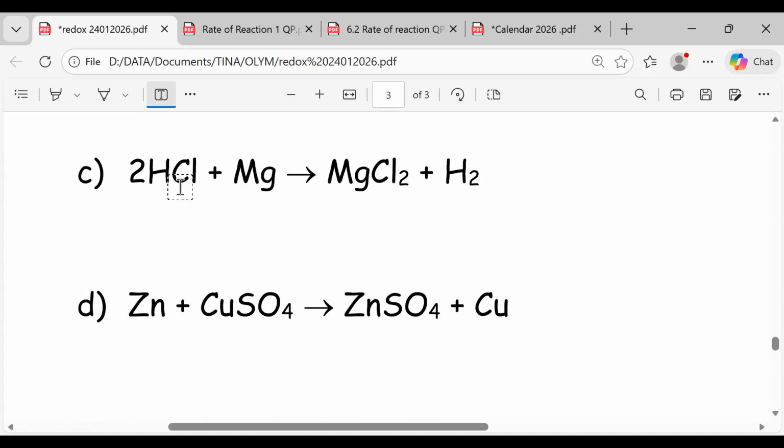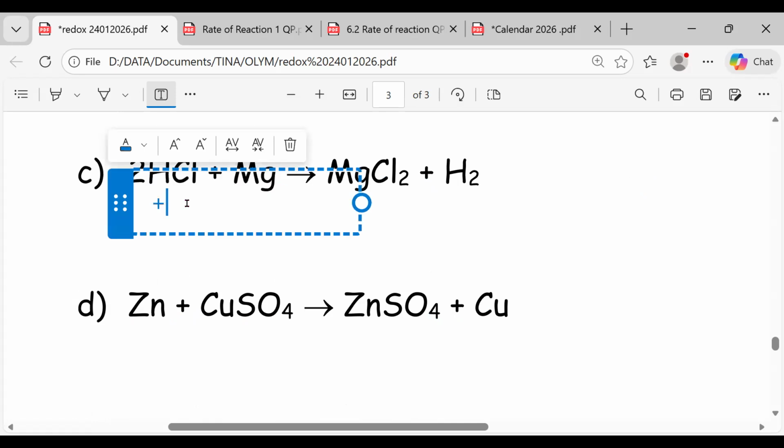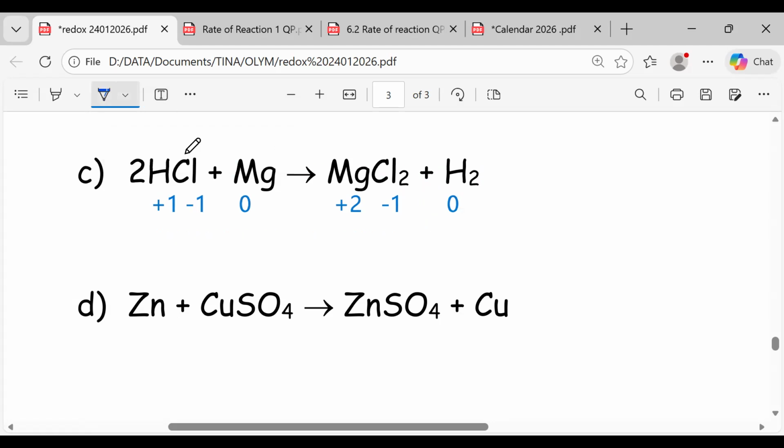All right. Okay, this one. Hydrogen is positive 1. Fluorine is negative 1. Magnesium is an element, so it's 0. Then here it becomes positive 2 because it's the ion. Chlorine is negative 1. Hydrogen is 0. So now it's ready. See?